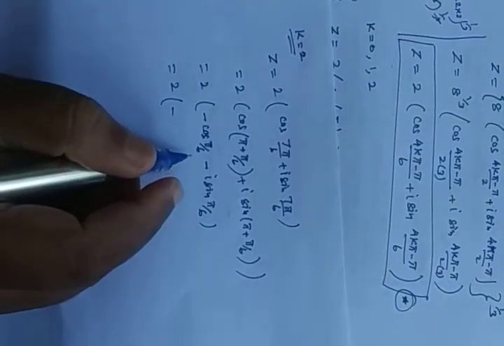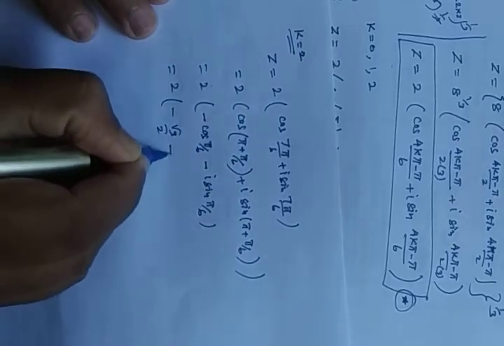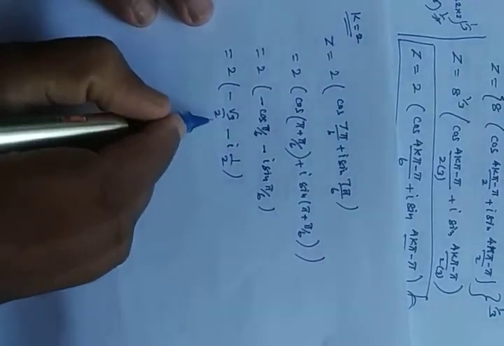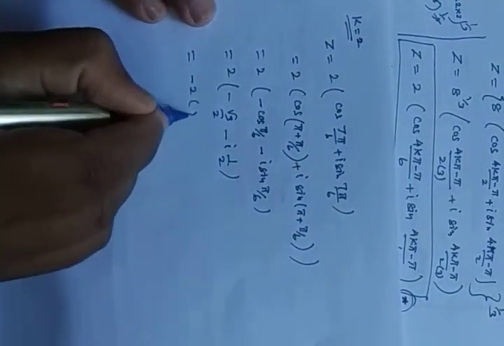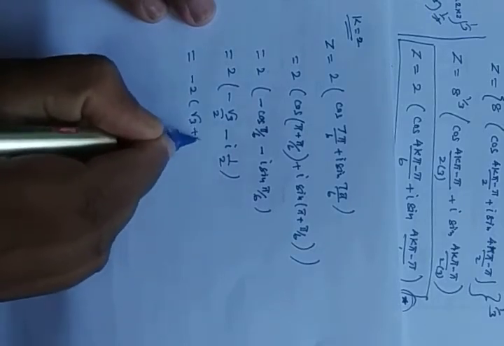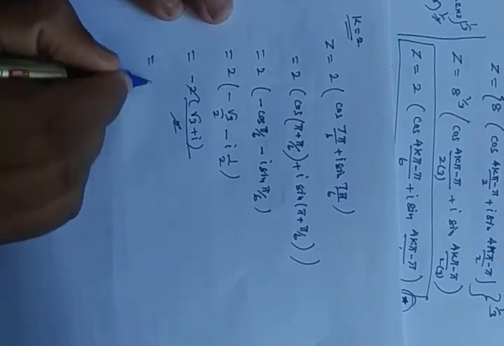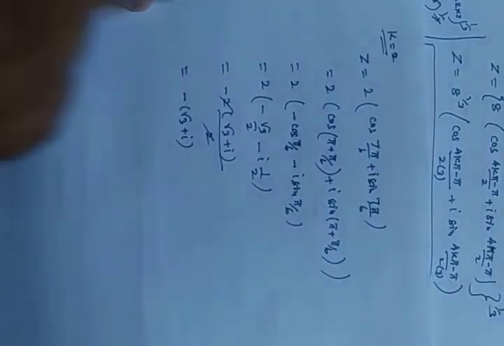Now, pi by 6 is 30 degrees, so cos 30 degrees is root 3 by 2 and sin 30 degrees is 1 by 2. Taking minus common, we get minus 2 into (root 3 plus I) divided by 2. The 2s cancel, so we get minus root 3 minus I. This is your z.